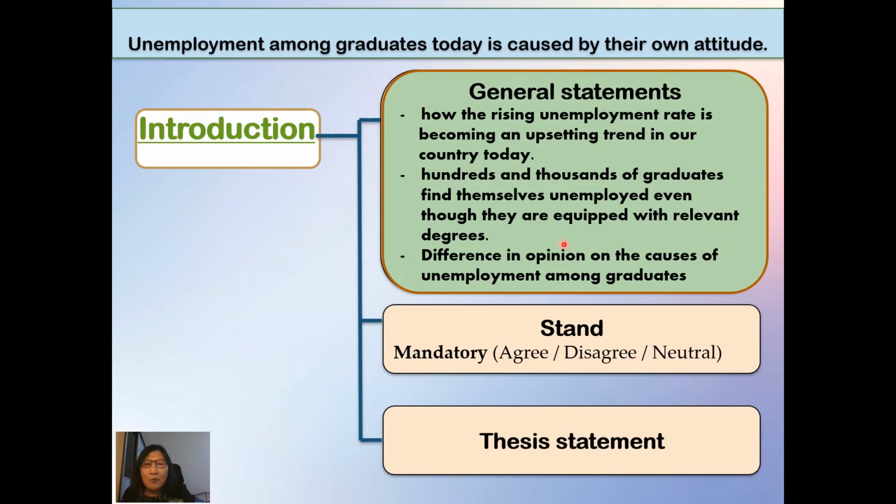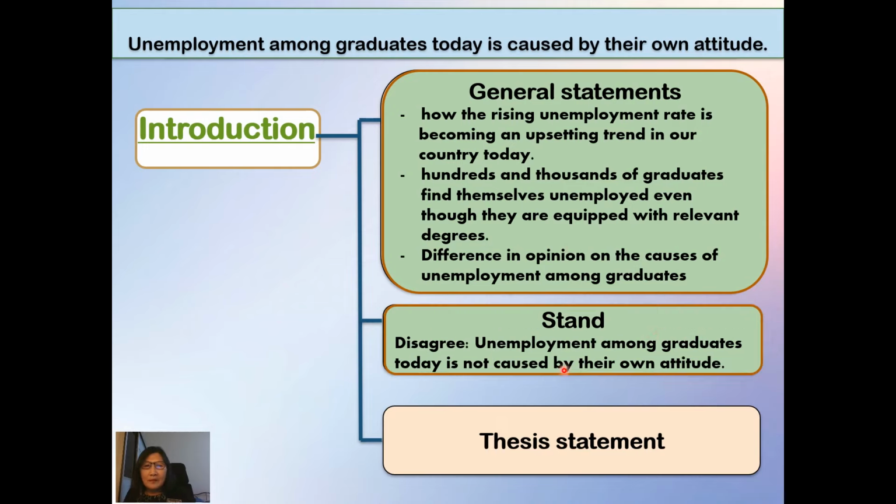Difference in opinion on the causes of unemployment among graduates. So here is the indication that we are going to talk about the causes of unemployment. Next, we put in the stand, where I disagree that unemployment among graduates today is caused by their own attitude.